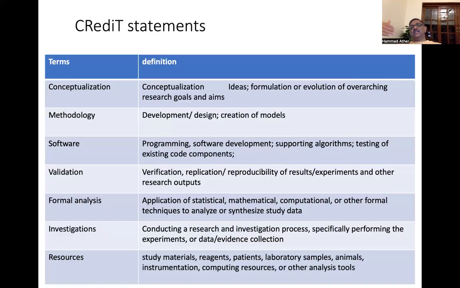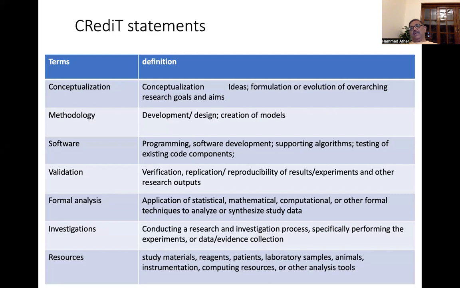So what are the various credit statements? Well, conceptualization, as I've said, is important, which means who got the idea, formulation and evolution of overarching research goals and aims. Who was involved in conducting the study, in the development, design, and creation of models, is the methodology part.